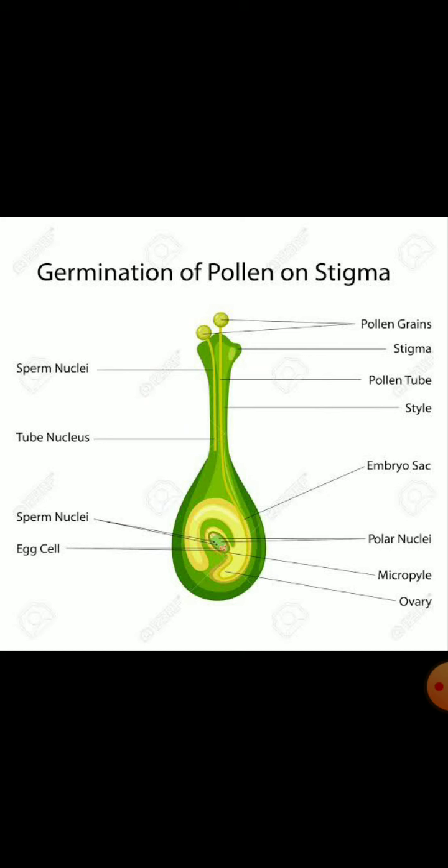So there is a tube which grows out of the pollen grain, and that tube helps to travel through the style of the pistil. What is the style? That is the middle elongated part, which helps the pollen to travel from the stigma to the ovary.